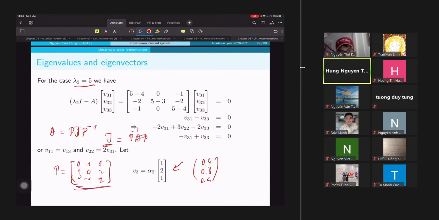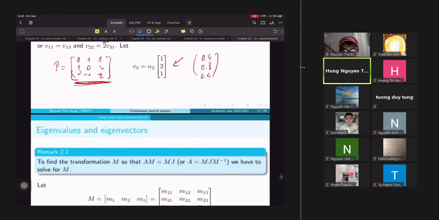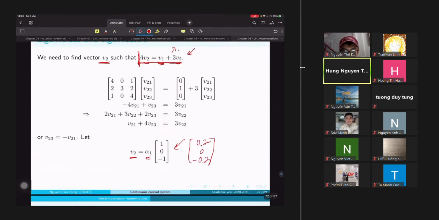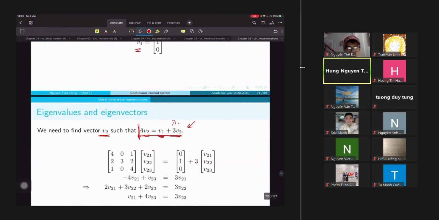You can find the Jordan form if you base on the transfer function and put it in the form of the sum of fraction terms, or you can find the Jordan form if you find the eigenvalues and eigenvectors.